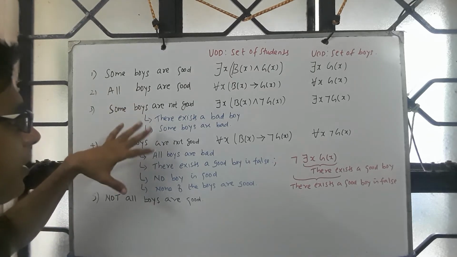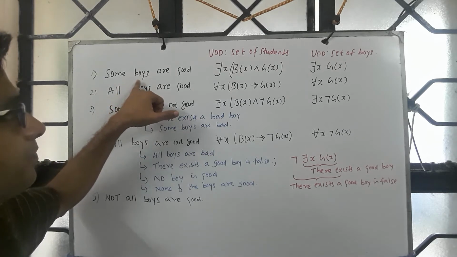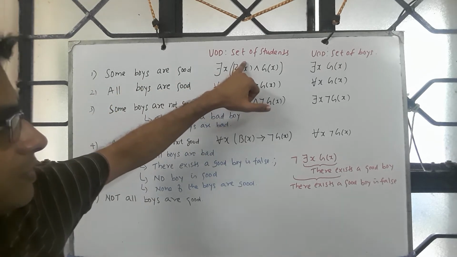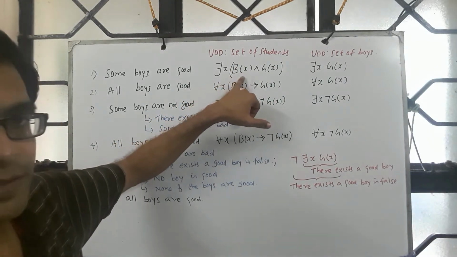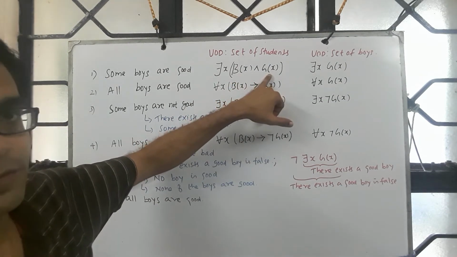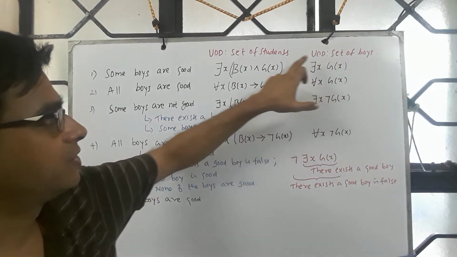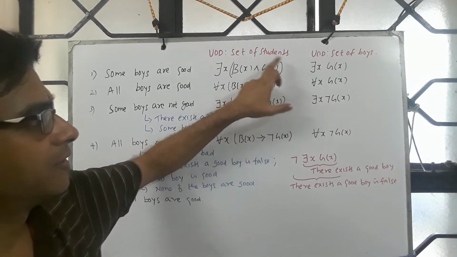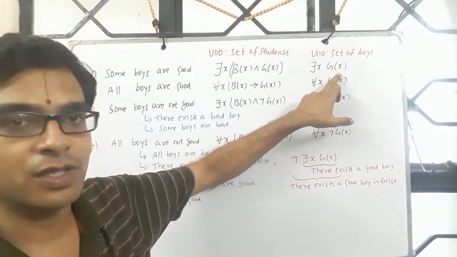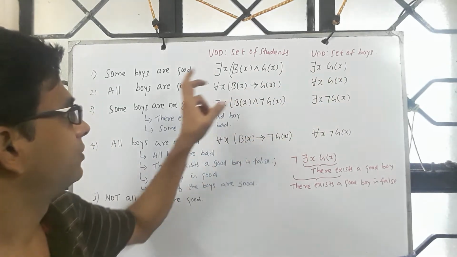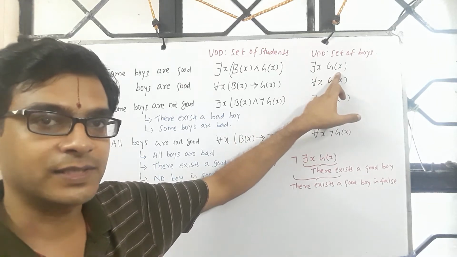For example, some boys are good. If the universe of discourse is a set of students, then we say there exists x, b of x, x is a boy, and x is good. Supposing I work with the set of boys instead of the set of students, then each x is a boy. I just have to say x is good or not good. That's it. So the statement says x is good, so we say there exists x, g of x.